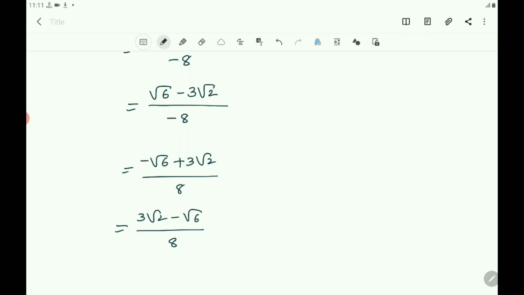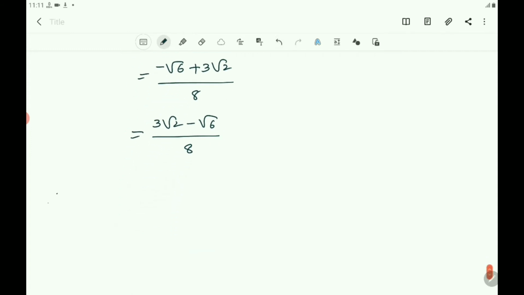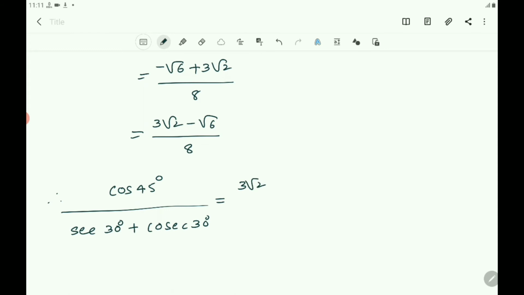If you want to simplify, you can arrive at this answer. Therefore, cos 45 degree by secant 30 degree plus cosecant 30 degree equals 3 root 2 minus root 6 by 8.